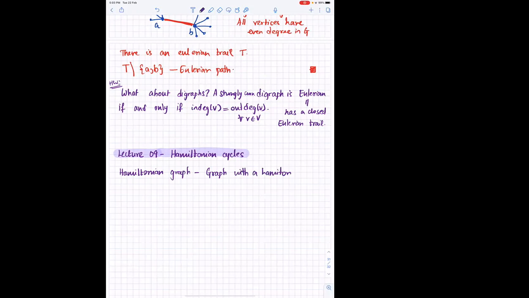So, what is a Hamiltonian cycle? It is a cycle that visits every vertex of G exactly once. So, this is a closed trail visiting every vertex of G exactly once.